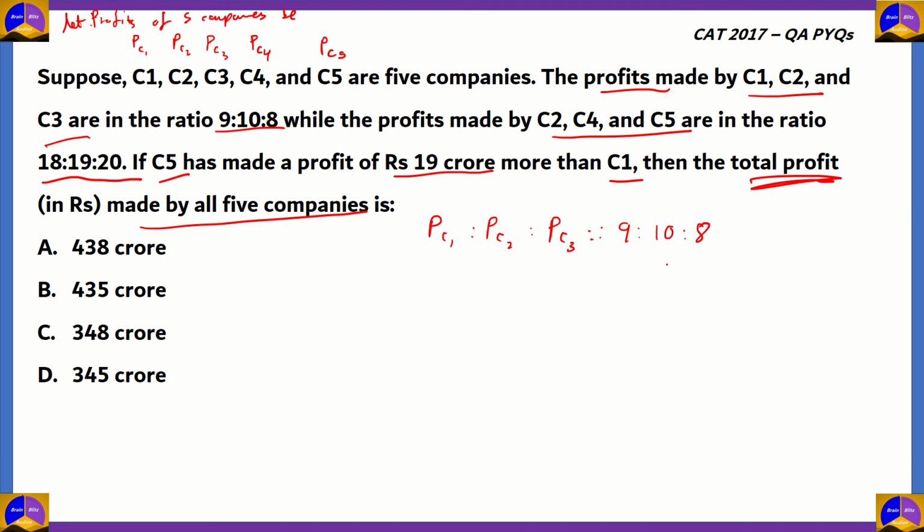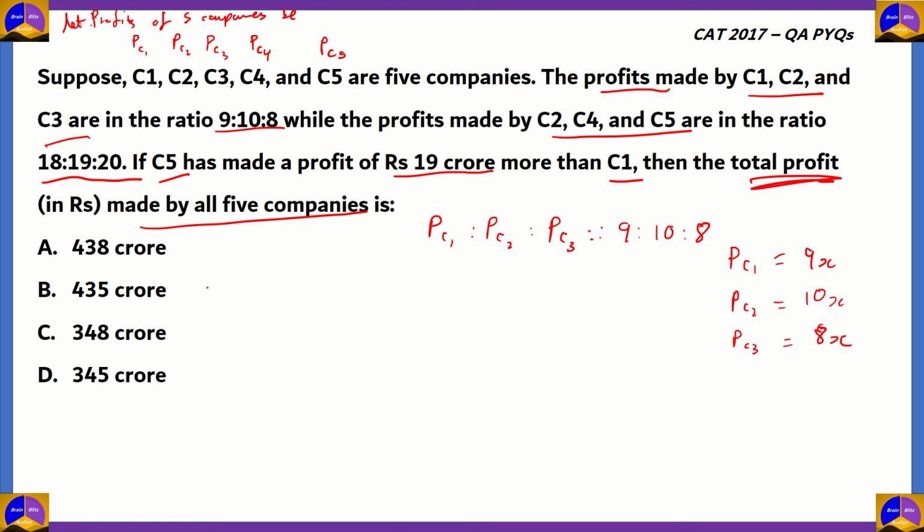Now, what does that mean? It means that we can write P of C1 as equal to 9 times x. We're using a ratio, so we can take a constant in order to remove the ratio to an equal sign. So P of C1 equals 9x, P of C2 equals 10x, and P of C3 equals 8x.